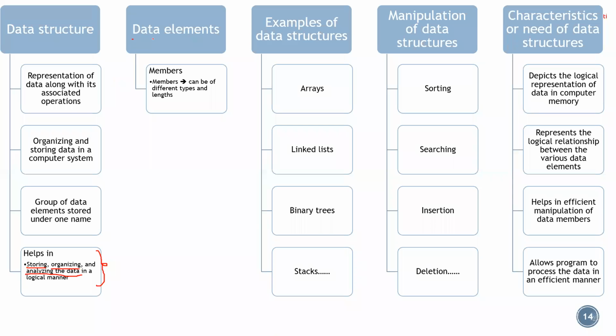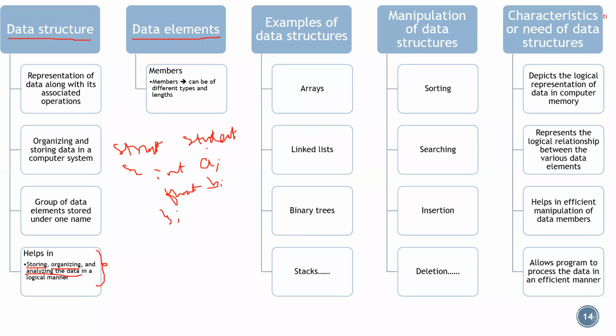Now, next, what are the data elements called which are present in the data structure? So as I wrote, I'll write struct student, and I'll write it in simple form: int a and say float b.